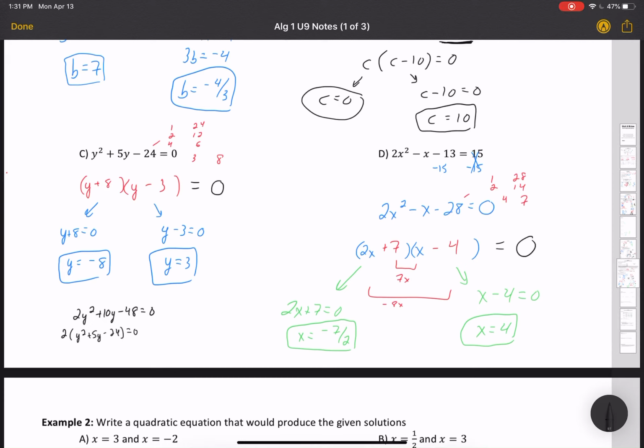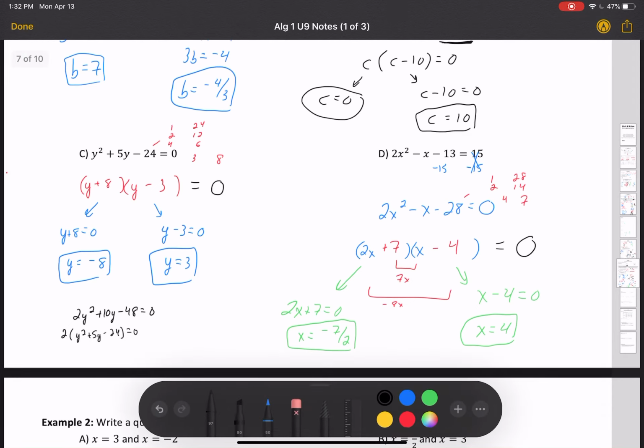Well, notice how 2 is multiplying y squared plus 5y minus 24. And we want to get y squared plus 5y minus 24 by itself. Well, since 2 is just a constant, just a number, I can divide both sides by 2. That's going to cancel out the 2 on the left-hand side and leave me just with y squared plus 5y minus 24.